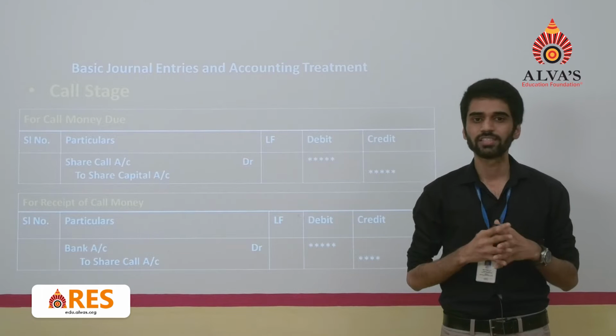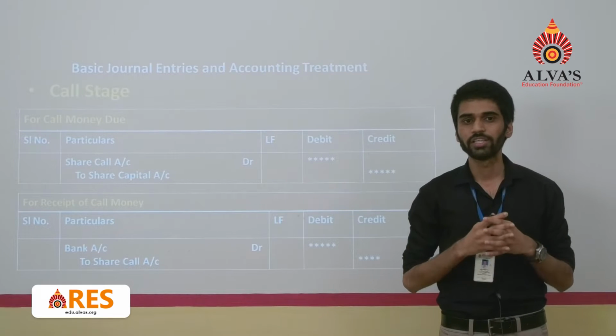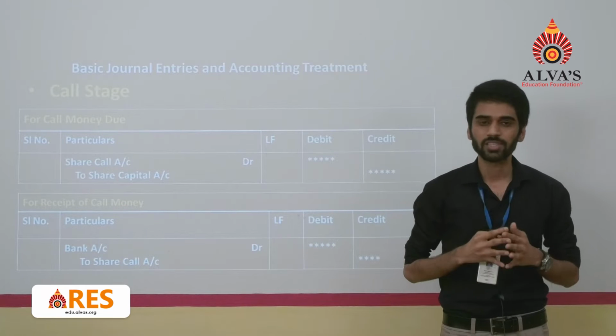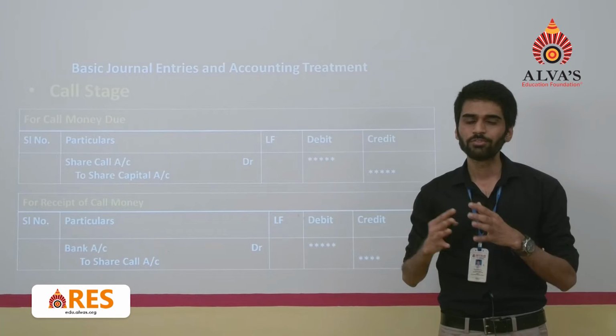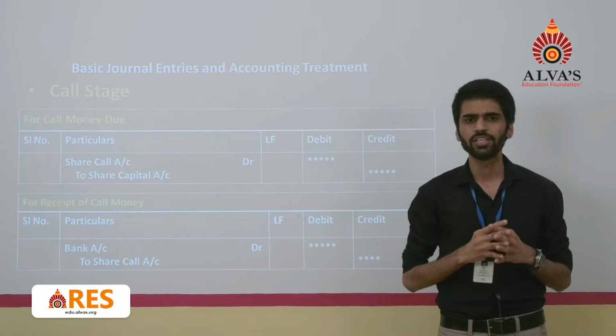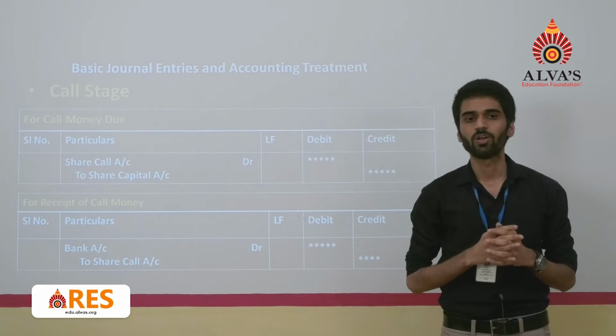Again, share call account is a temporary account which has to be eliminated, and that can be done when we receive the call money from the subscribers of the shares. Whenever we receive the call money from the subscribers, we pass an entry bank account debtor to share call account.